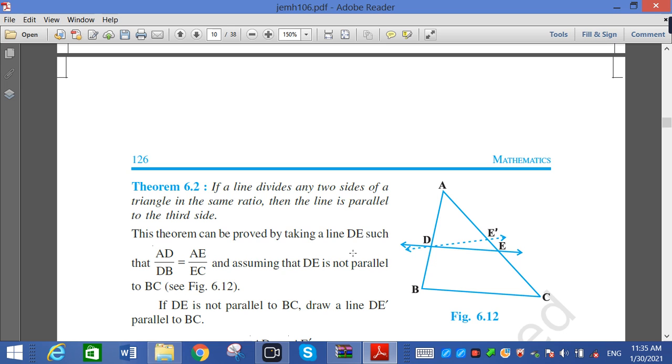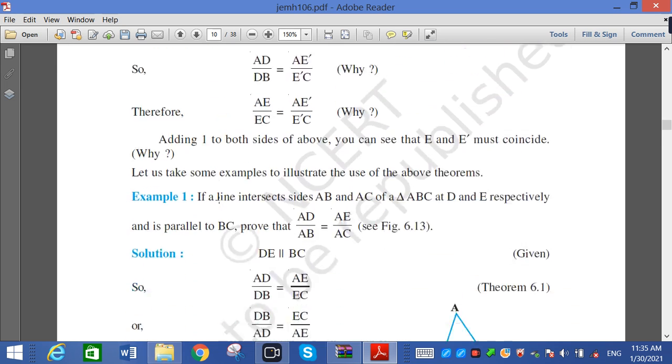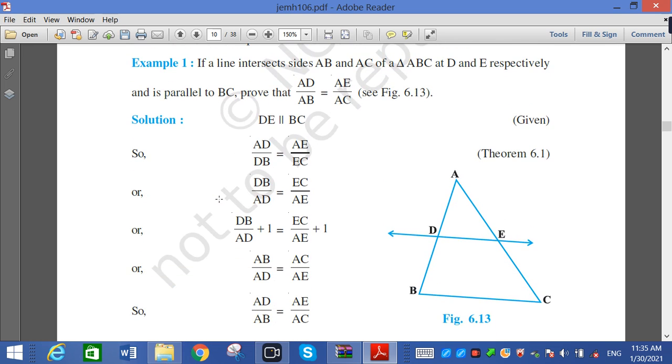Now the converse is 6.2. That is not important. Most important is that we understand, in triangle ABC, AD upon BD is equal to AE upon EC. That we have to prove.